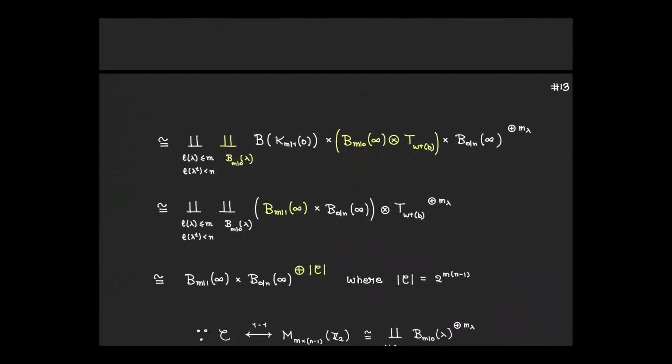Now we can say that actually this part becomes isomorphic to B_{m-1|0}(∞). So it is isomorphic to B_{m-1|0}(∞) tensor B_{0|n}(∞).